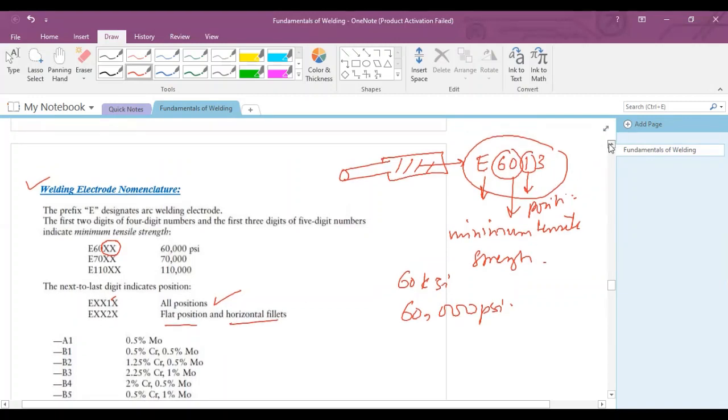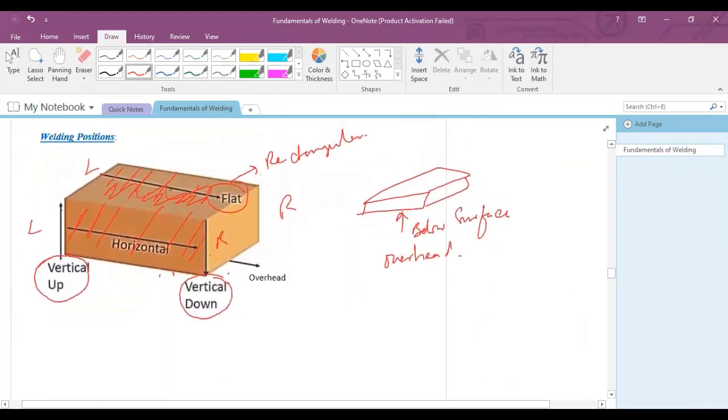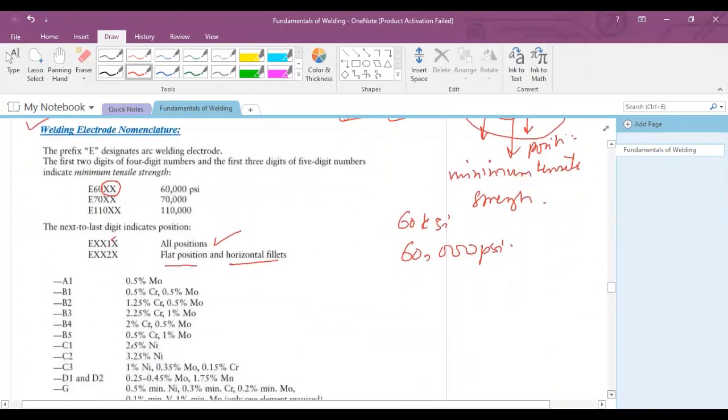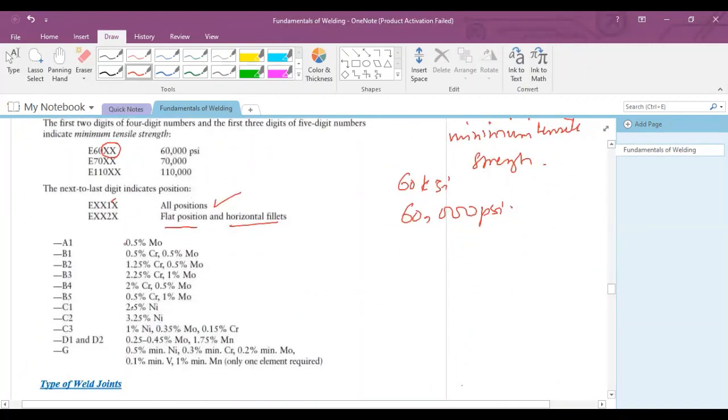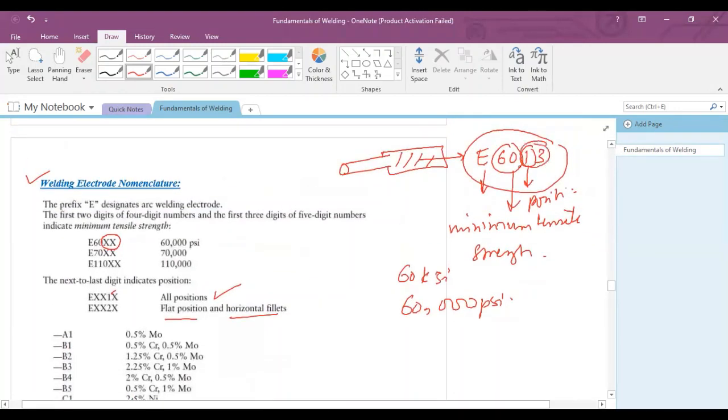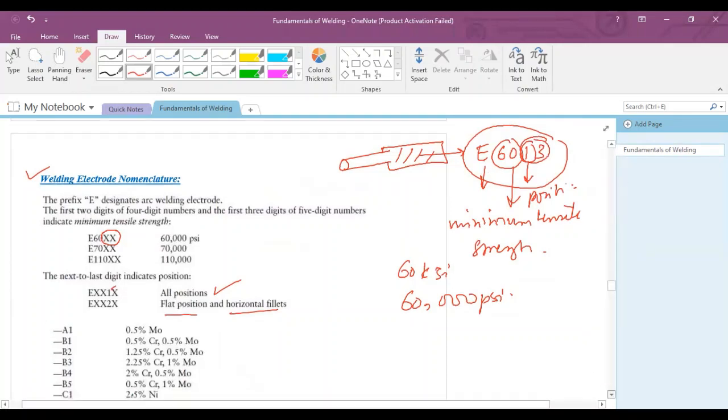For example, you can only weld over this surface, and you can use this electrode on this surface only, right? If we combine the last two digits, like 1 3, right?